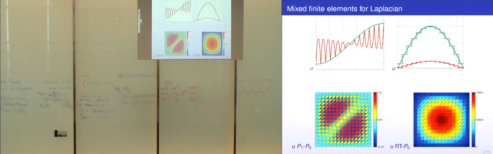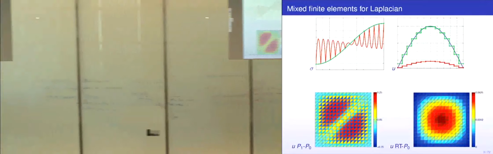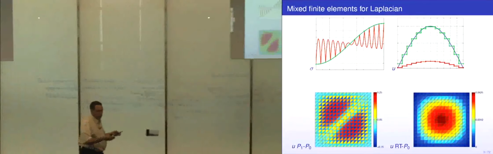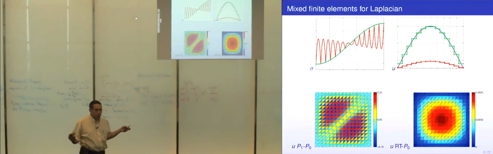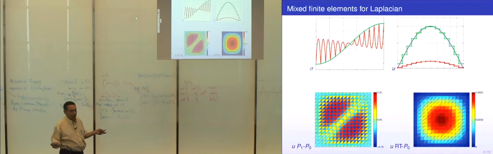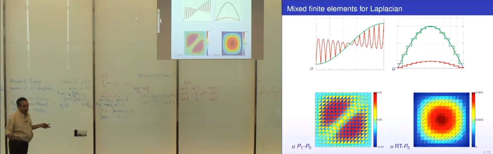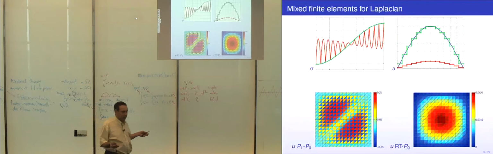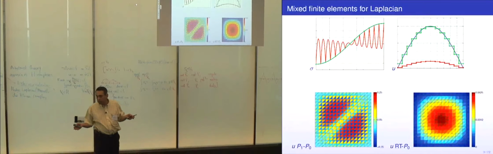Okay, so even in this unbelievably simple example of solving u double prime equals f, or u prime equals sigma, sigma prime equals f in one dimension, it's a little bit funny. Things don't happen in a completely straightforward way. If you hadn't seen things like this before, it would be a little bit surprising.